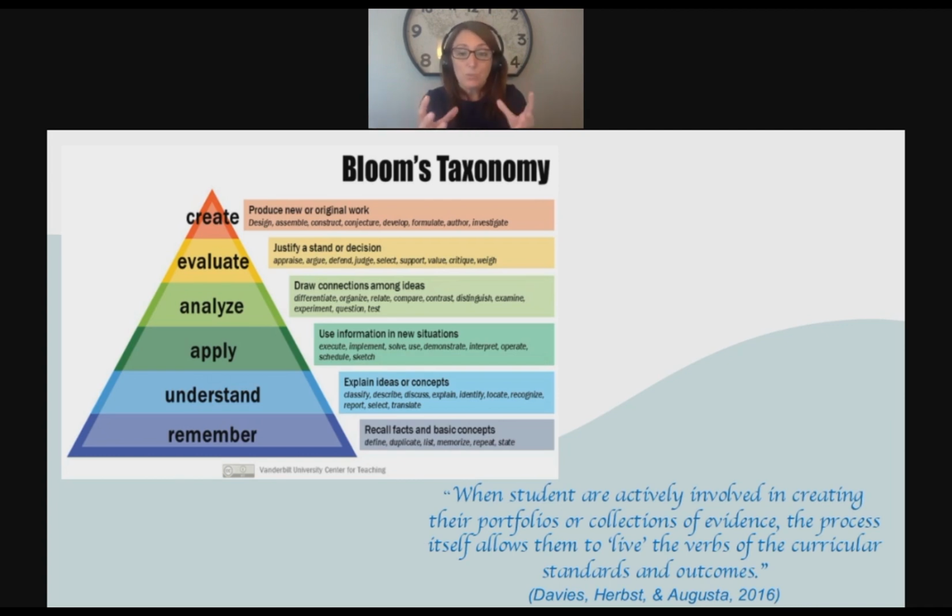Because we're recognizing and valuing the process that is developing the 21st century skills of our students as they're developing the portfolio.